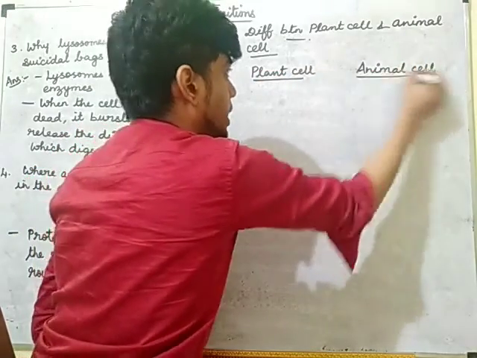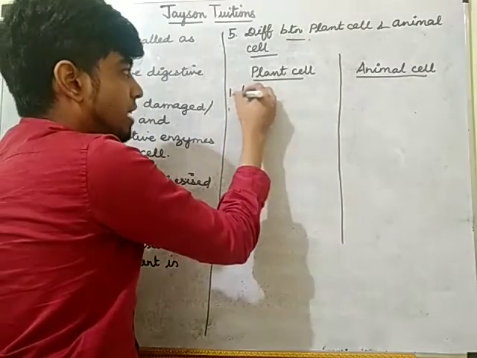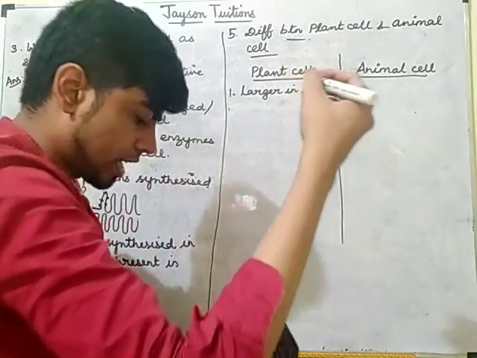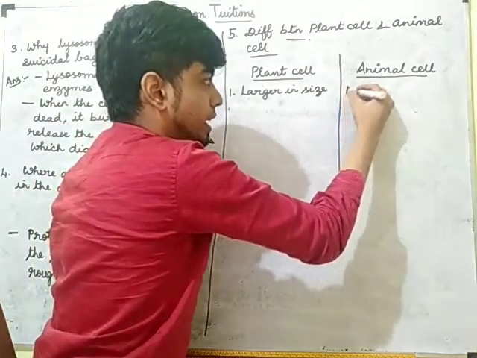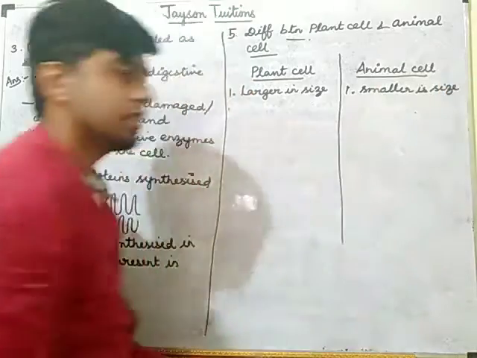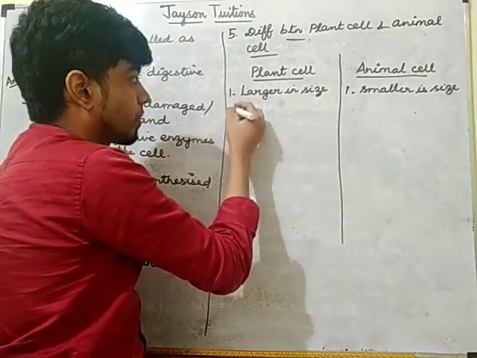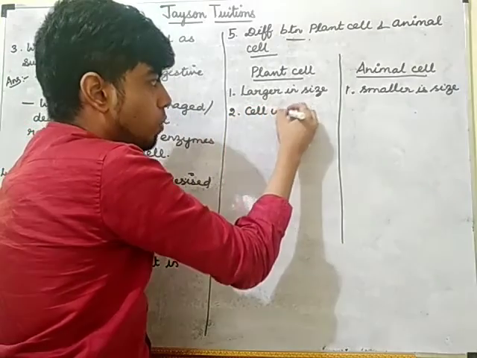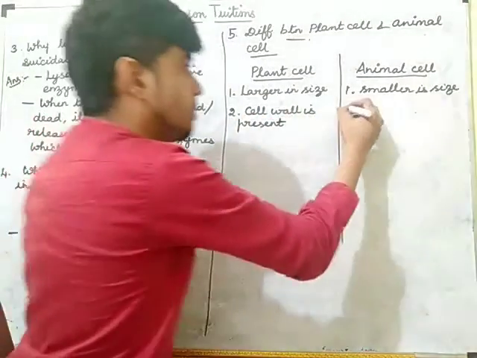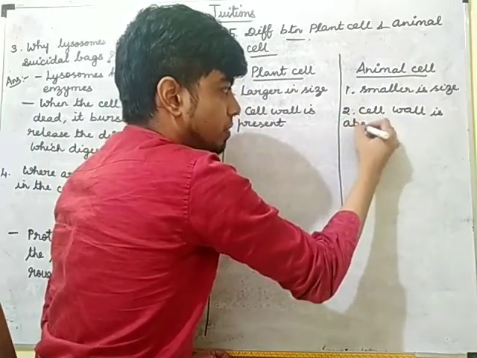First, the plant cell is larger in size, and the animal cell is smaller in size. In the plant cell, the cell wall is present, whereas in the animal cell the cell wall is absent.